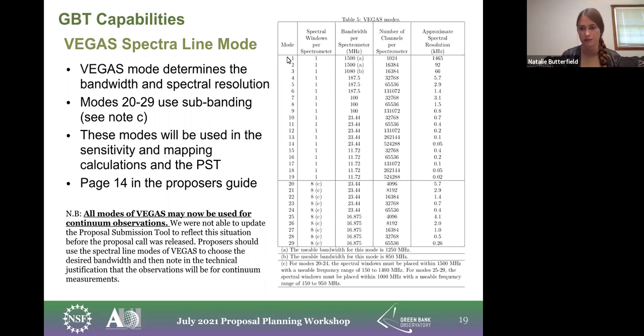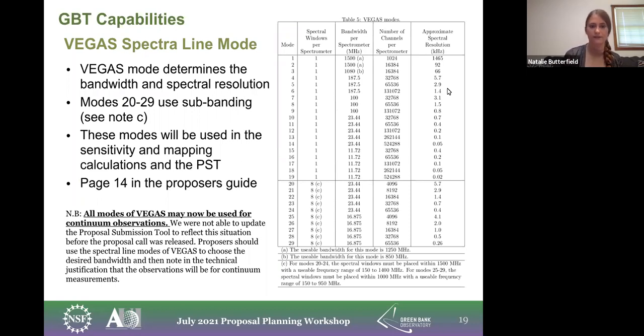So you would want to check that if you're targeting a spectral line, the spectral resolution you're requesting can actually give you the velocity information that you are interested in getting. Anytime you see something that mentions a Vegas mode, this is what it's talking about.